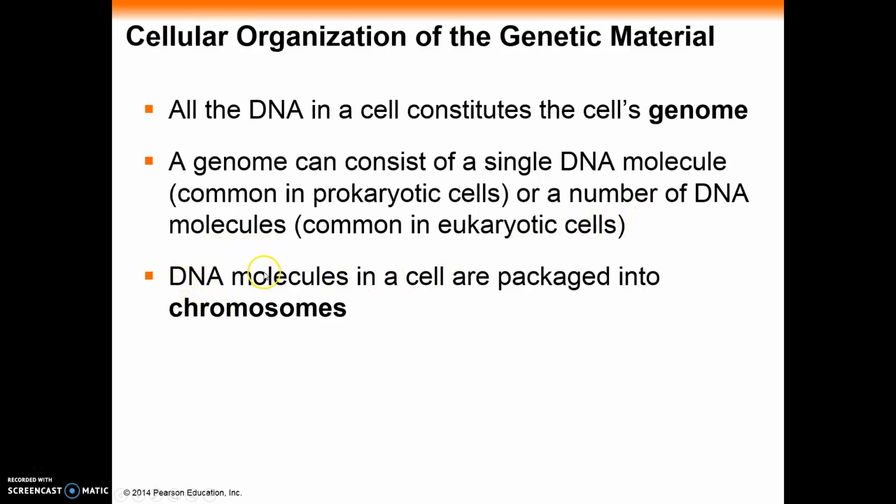When we take DNA and we package it up prior to dividing the cell, or even when we have the DNA just loosely packed, we would refer to those pieces of DNA molecules as chromosomes.